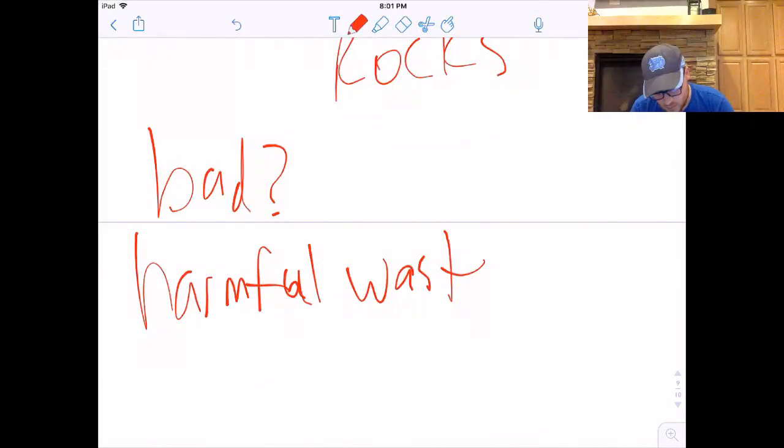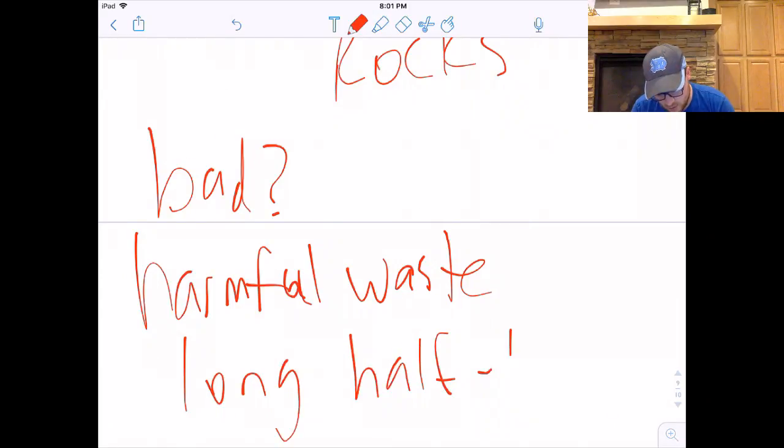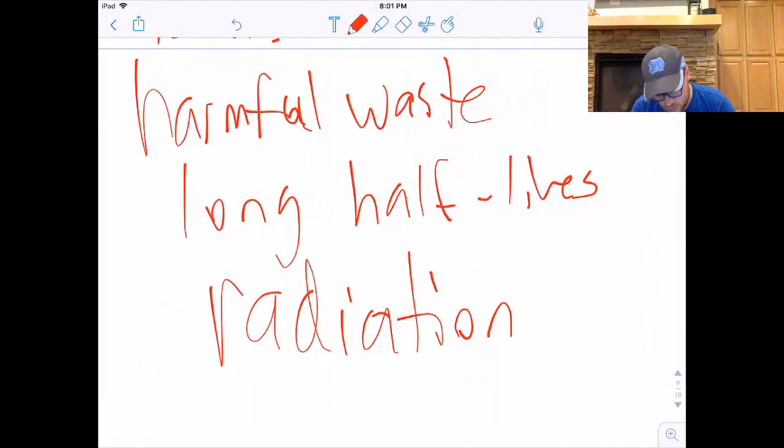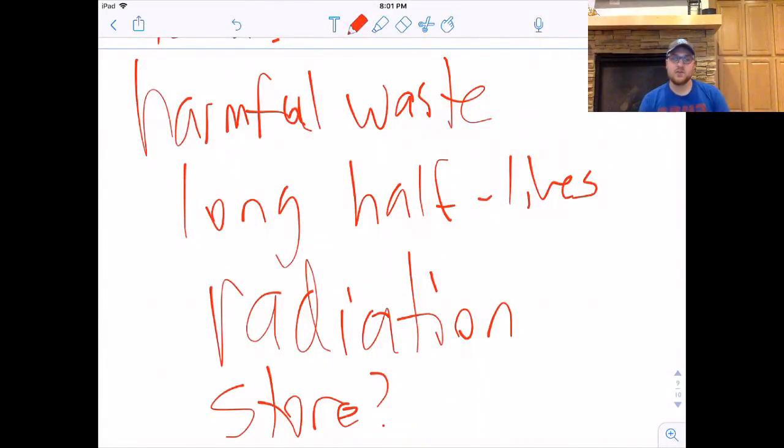There's that whole nuclear radiation thing. Where do we store this stuff? Nuclear energy is fine, but if mismanaged, it can create issues because there can be radiation and it creates a lot of harmful products, and you just have to be careful. It's a great source of energy, but you just have to be careful.